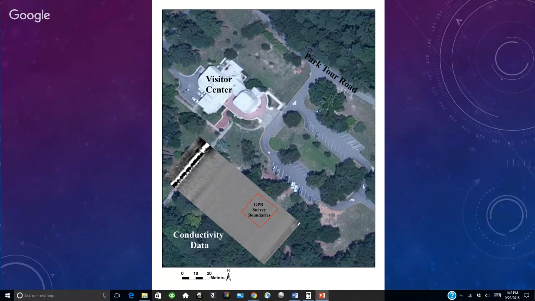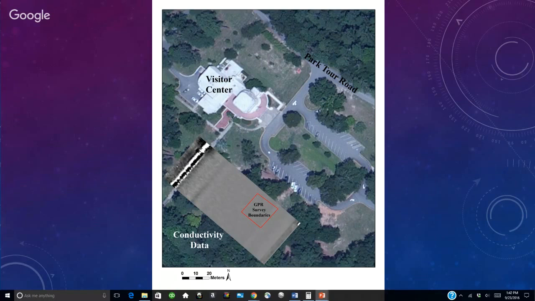And especially so right over the sidewalk, where you see a conductive low, with conductive highs on the sides of the sidewalk because you get pooling of water on the side of that concrete. But this is the boundary then where we did the GPR survey. So according to the electromagnetic induction survey, there does not appear to be any targets below the surface.